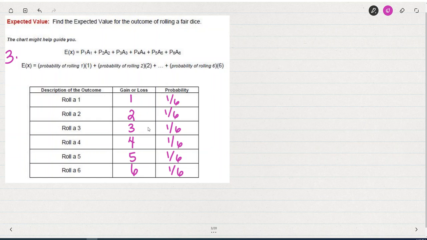So if we wanted to calculate the expected value, what we would do is take each of the outcomes, and multiply the probability of that outcome times the outcome itself. So for a 1, all the way up through rolling a 6.